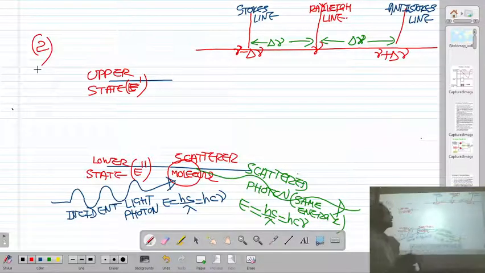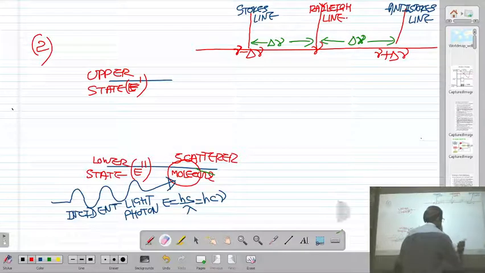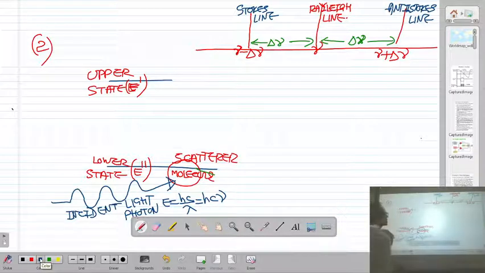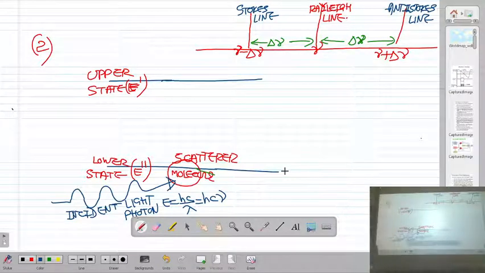We have explained the Rayleigh line. Now we will give the explanation of Stokes-Raman line. Okay, so now we will give the explanation of Stokes-Raman line.